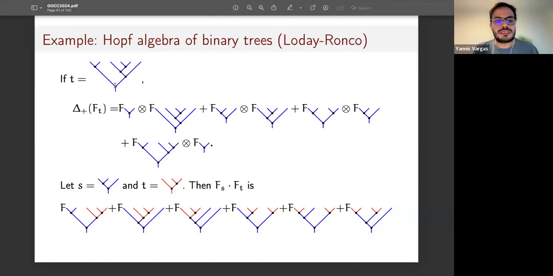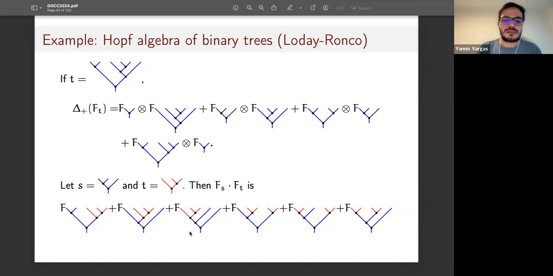I have a binary tree T, and the coproduct rule is to split the tree, choosing one leaf. You choose one leaf and you walk into the root, and that splits the tree into two parts. You do that in all possible ways, meaning you choose all possible leaves, which lead you to split the tree in two, and those will be the terms of the coproduct.